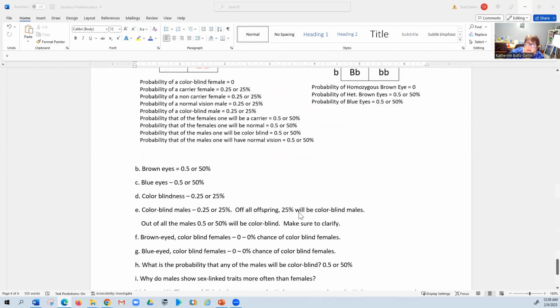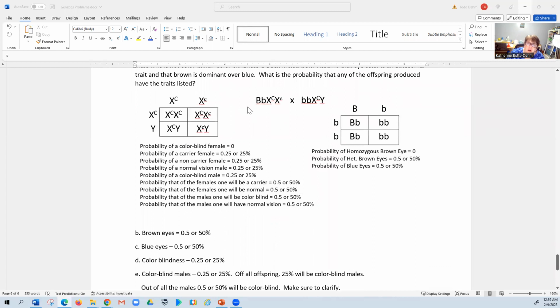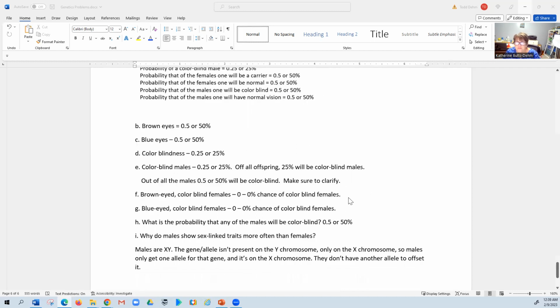And basically, in your autosomes, you'll get one allele from the mom and one allele from the dad. So if you have some type of recessive disorder like colorblindness, then you'll have the other allele to offset it. But since they only have one allele for it and it's on the X chromosome, whatever they get on that X chromosome is what they get, nothing to offset it.